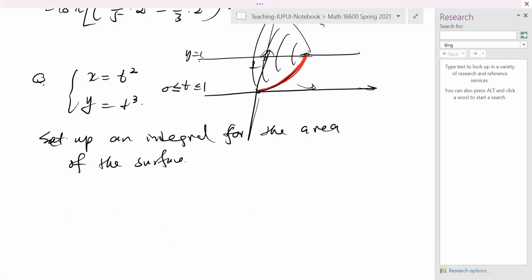I just want you to give me the formula. This is the integral with respect to t. Of course, you can try and set up an integral with respect to x or with respect to y, but here I just wanted to express the integral with respect to t.